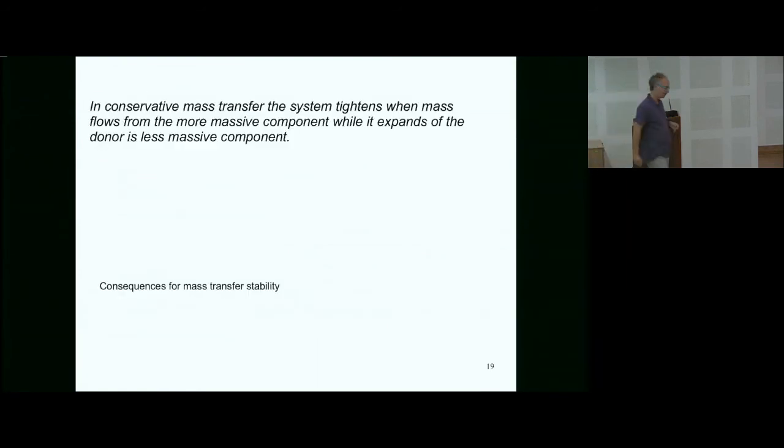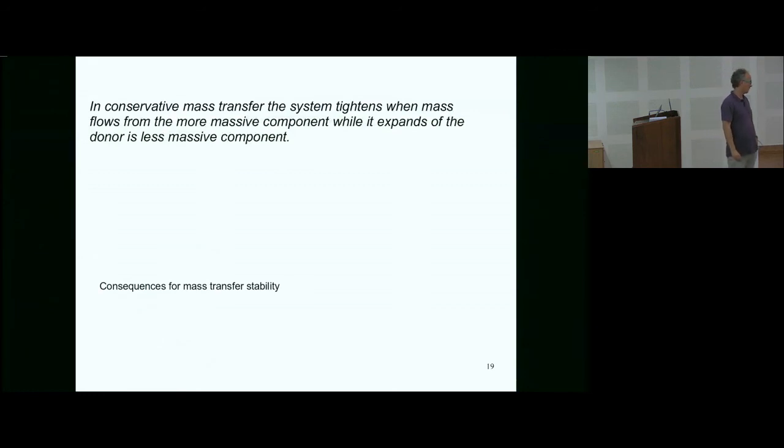And here comes another. This is the summary of this: in the conservative mass transfer, the system tightens when mass flows from the more massive component, while it expands when the donor is the less massive component. This is generally trivial to show for the conservative mass transfer.